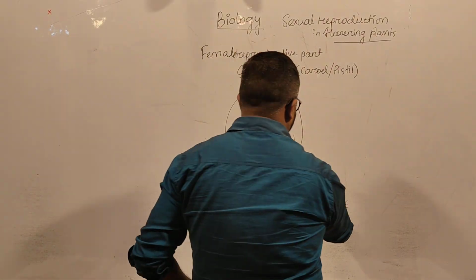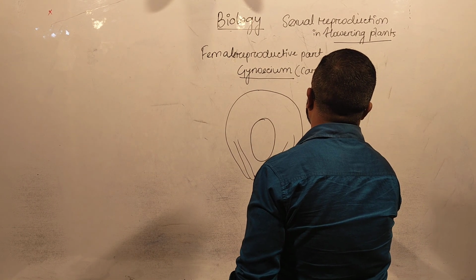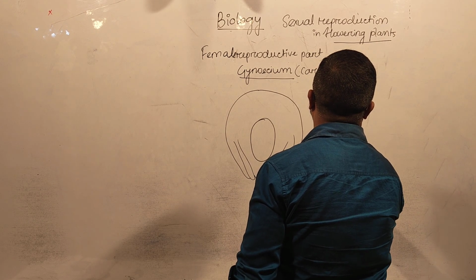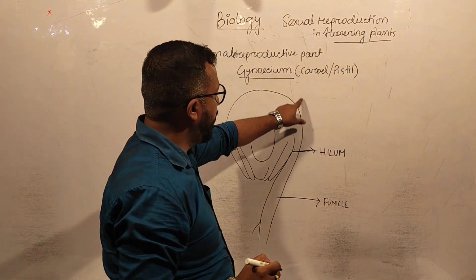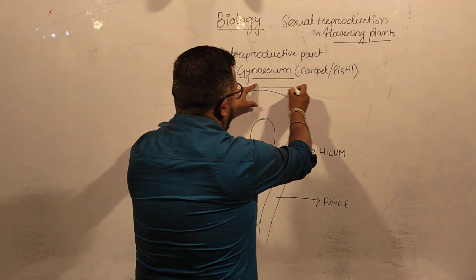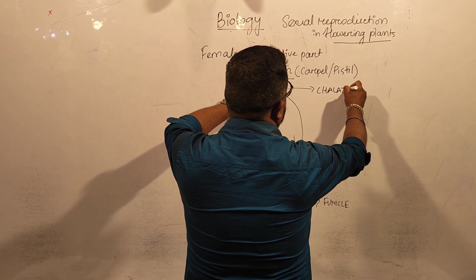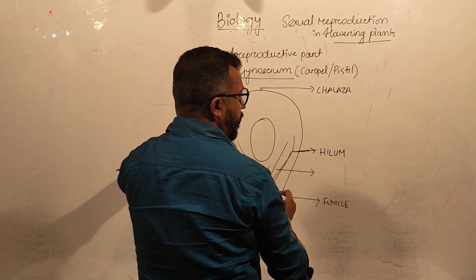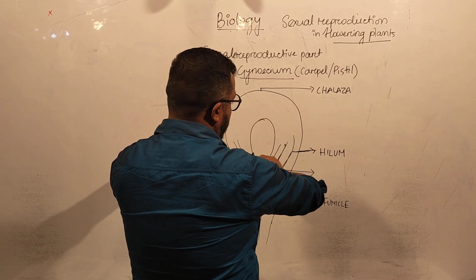The point where the funicle gets attached to the ovule is called hilum. Then this part is called chalaza.